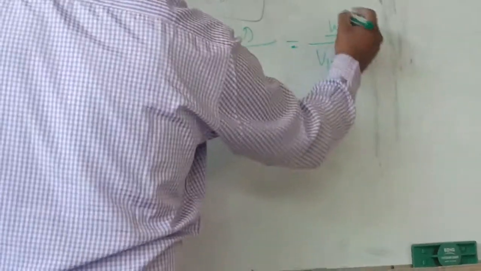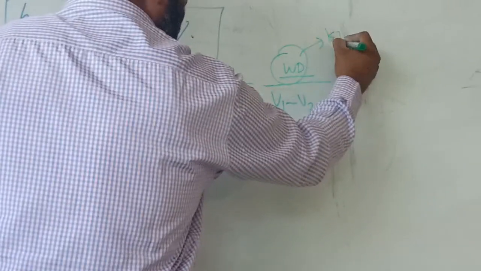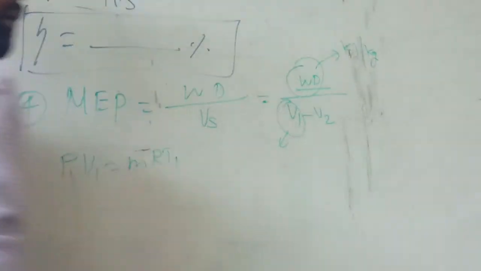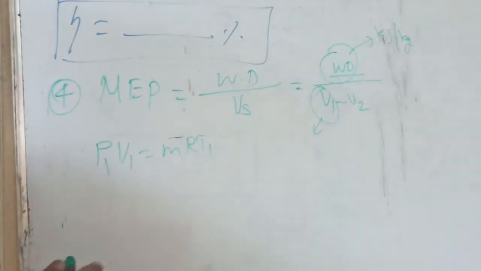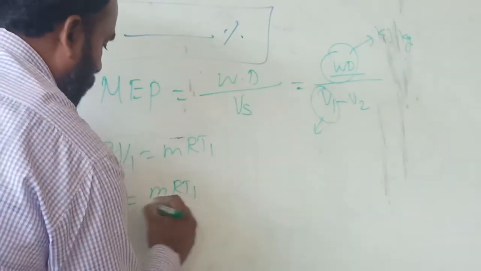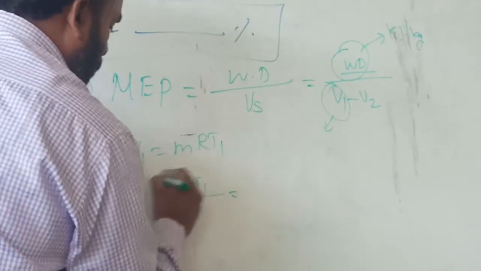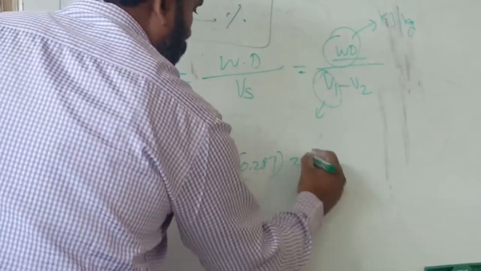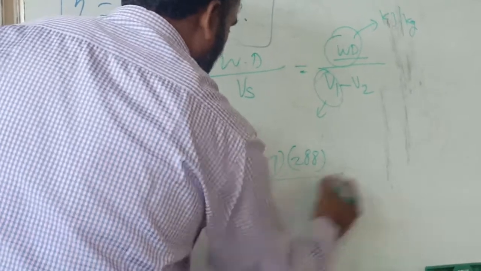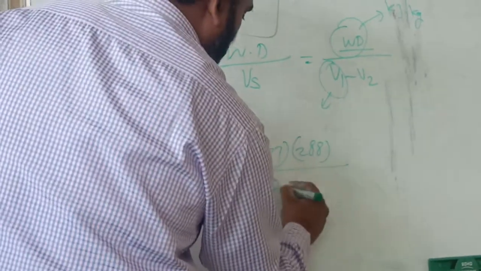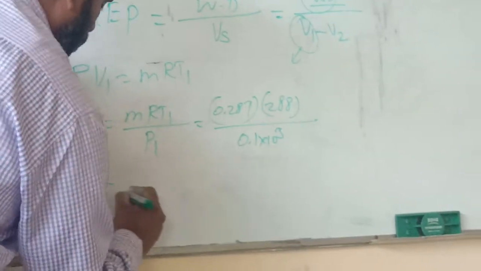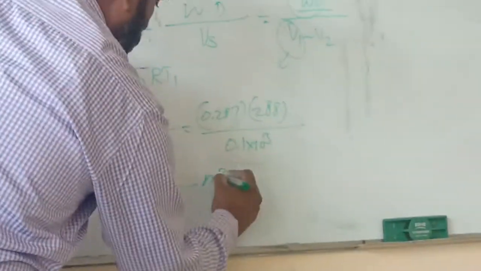Since I am going to substitute work done in terms of kilojoule per kg, I should use specific volume, so V1 equal to R T1 divided by P1, that is 0.287 into 288 divided by P1 equal to 0.1 into 10 power 3 kilonewton per meter square. So we get V1 in terms of meter cube per kg.